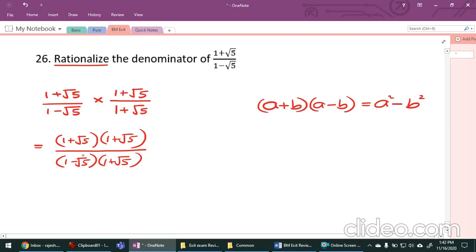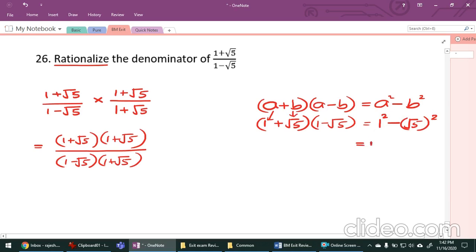So look here, what is the denominator? 1 plus root 5 into 1 minus root 5. You can write 1 square minus root 5 square, because A means 1 and B means root 5.